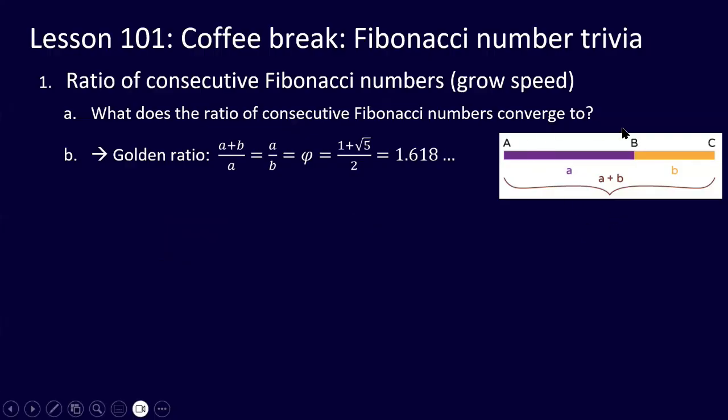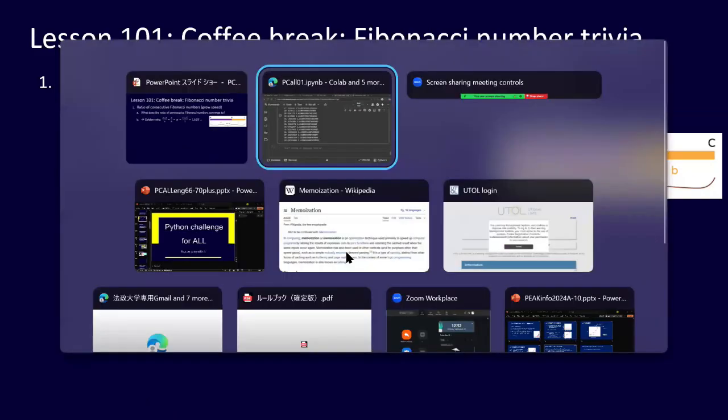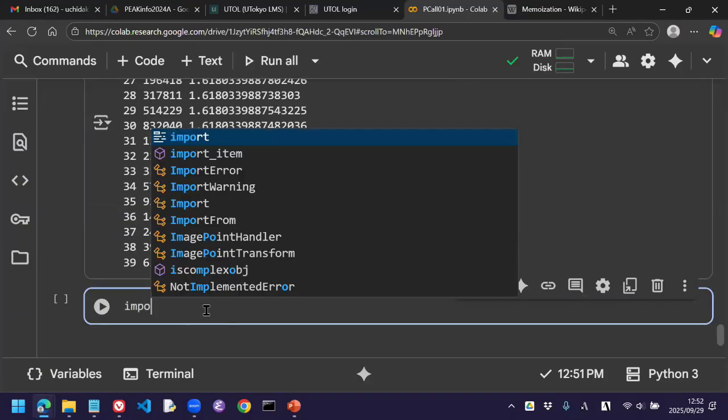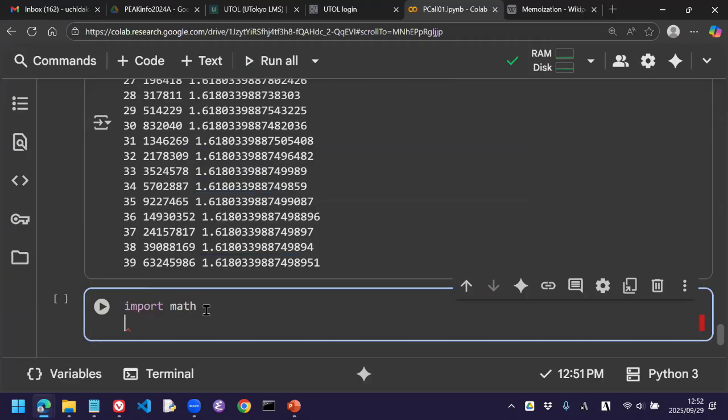The golden ratio is, for example, in this case, the ratio of A plus B over A equal to the ratio of A over B, which is sometimes noted as phi, the Greek letter, and which is equal to 1 plus the square root of 5, all divided by 2, which is 1.618 something.